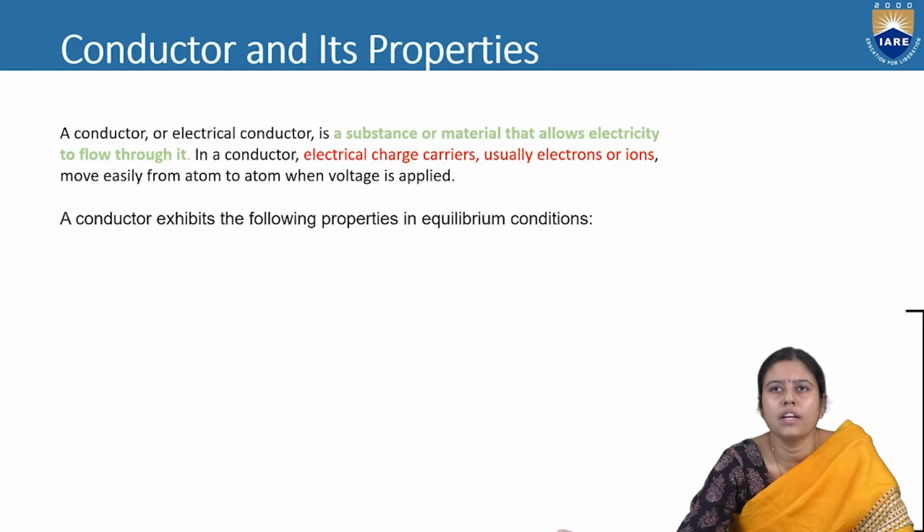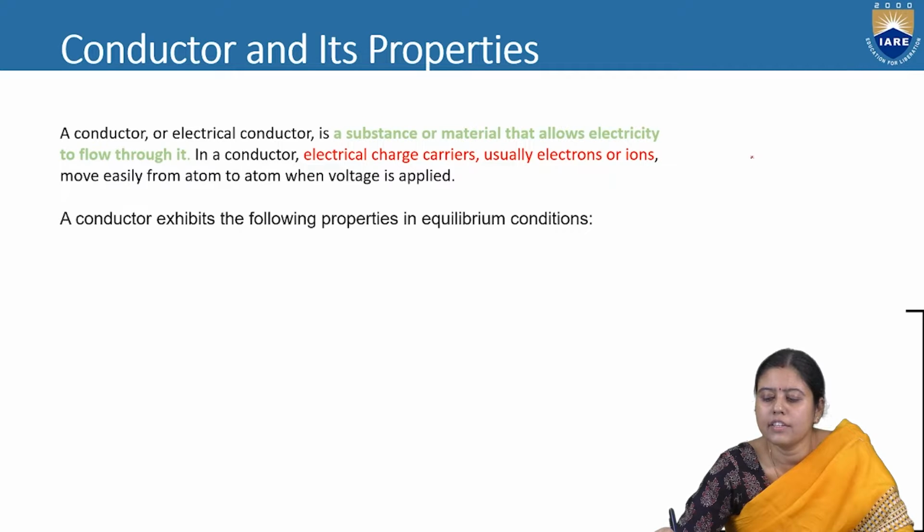Just one quick recap. A conductor, or electrical conductor, is a substance or material that allows electricity to flow through it. In a conductor, electric charge carriers, usually electrons or ions, can move easily from atom to atom when voltage is applied.